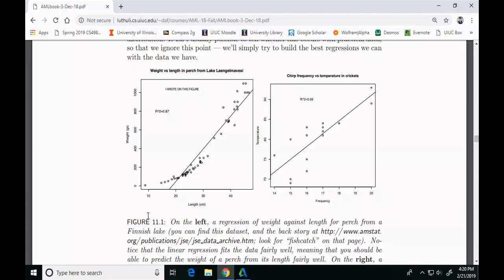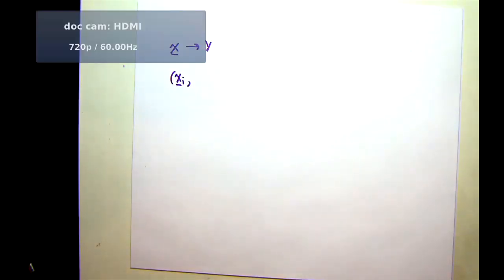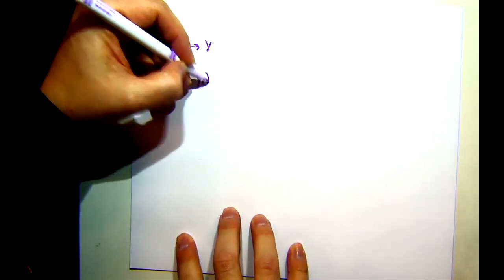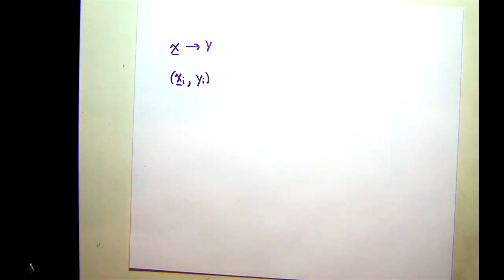All right, so let's look at this a little more formally. We're going to have some input x, and we're going to have an output y. This is supervised learning. Unlike clustering, we have labels.